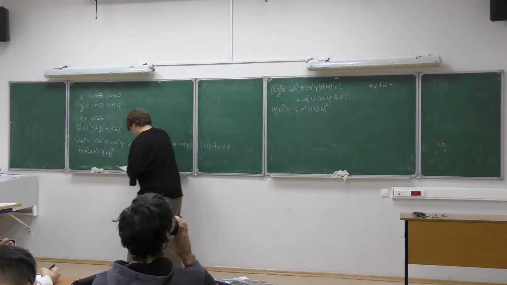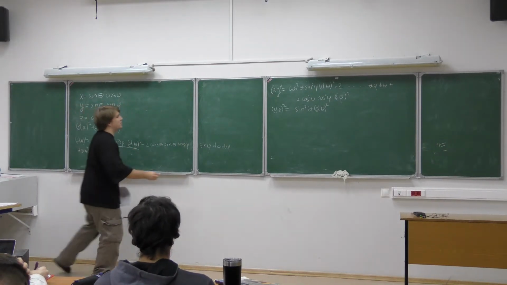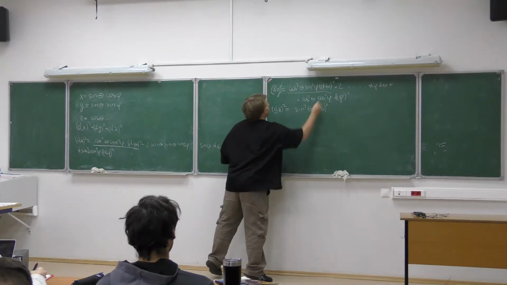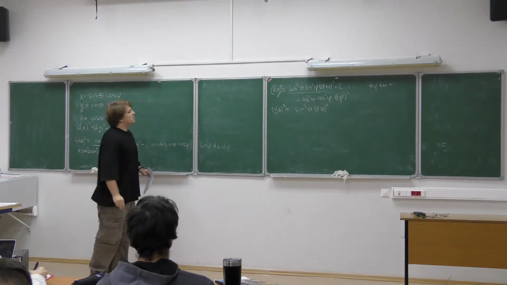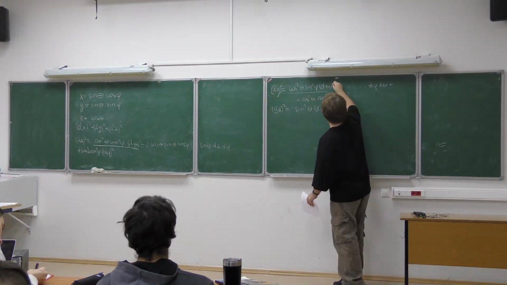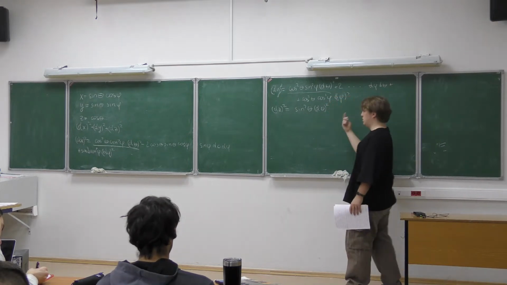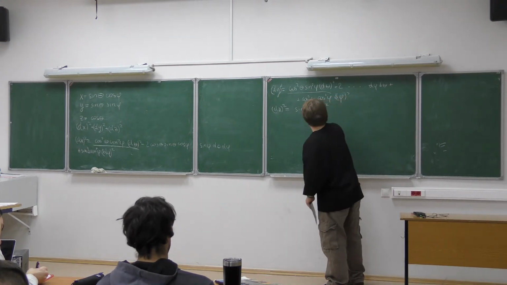So now we can see this term and this term adjust to cosine square of theta. Then we have sine square of theta here, so it will be just 1 if you sum all this.